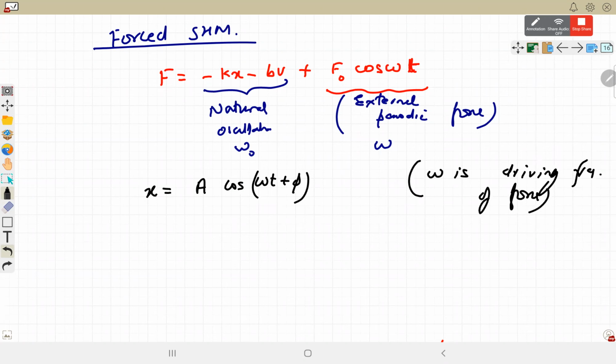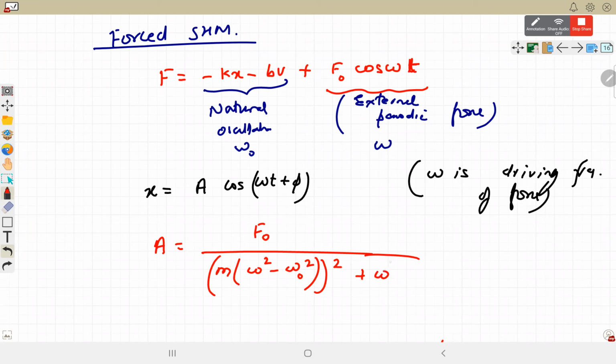If you start pushing early, quick, then it will have a smaller time period. But the amplitude of SHM in forced SHM is F naught divided by m times the square root of (omega square minus omega naught square) whole square plus omega square b square.